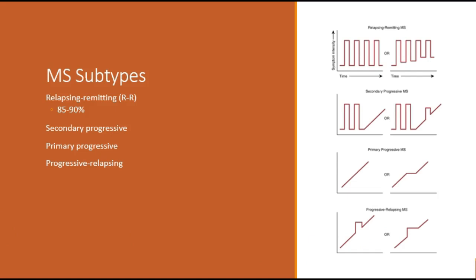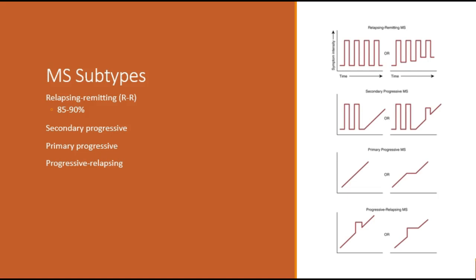So there's a couple of subtypes for multiple sclerosis. There's the relapsing remitting, which is 85 to 90% of the cases. So when you're going through indications for medications, most of them are saying they're indicated for relapsing remitting, and that's because most of the MS cases are this relapsing remitting type.